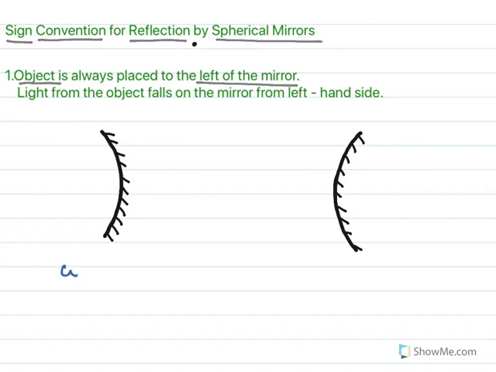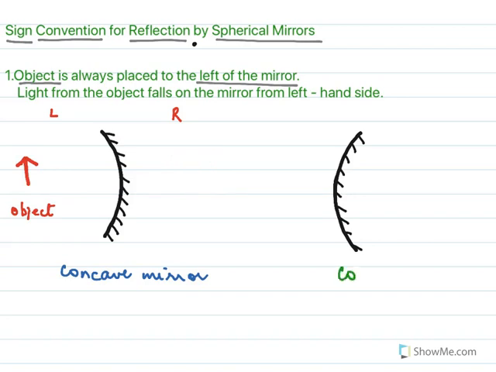Here we have a concave mirror, and in this concave mirror, the object is always kept to the left. This is the left of the mirror, this is the right of the mirror. We never keep the object to the right. This is wrong. We always keep the object to the left of the mirror.